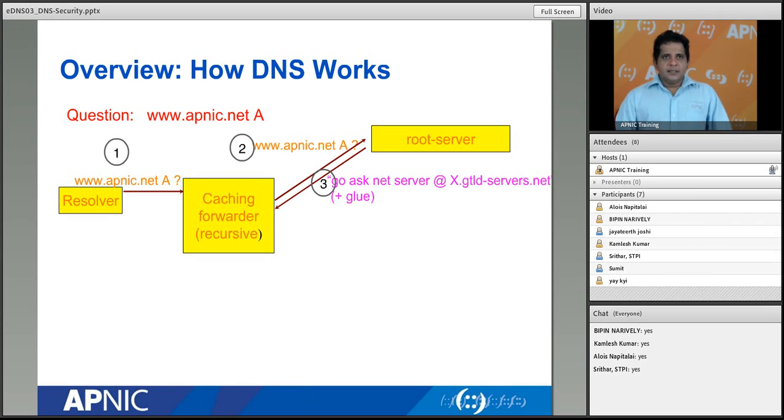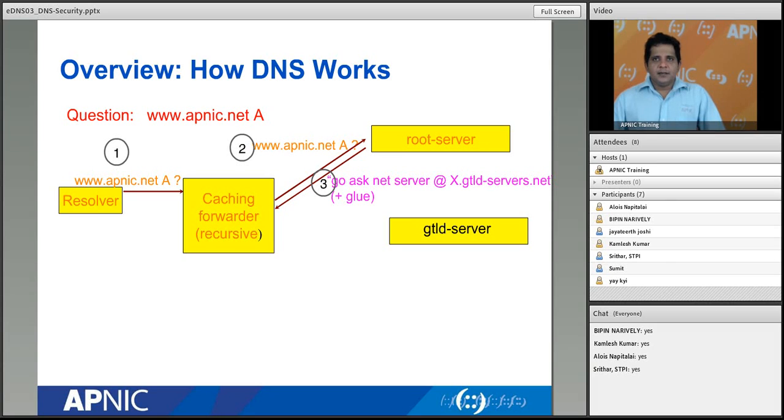In turn, the root name server gives a reference. It asks the recursive name server to send the query to the GTLD server, because in DNS we have delegations under the root level. If you look at the root zone, there are delegations to top level domains, for example .net or .com or .edu and so on.